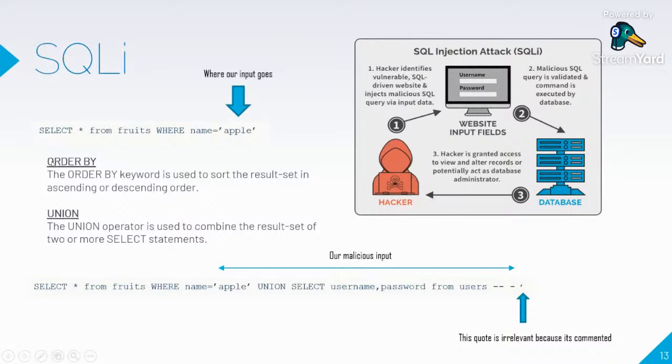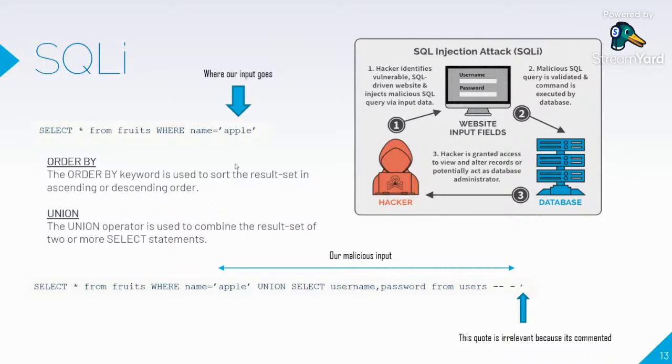So we just used the order by keyword. You must all be wondering, what is actually order by? Suppose when you select star from fruits where name is apple, it returned the product number, the price, and a few columns. What we can do is sort on the basis of columns. We can sort on the basis of column number one, column number two, column number three.